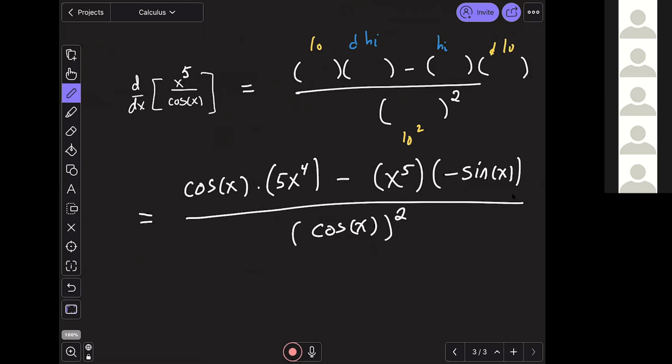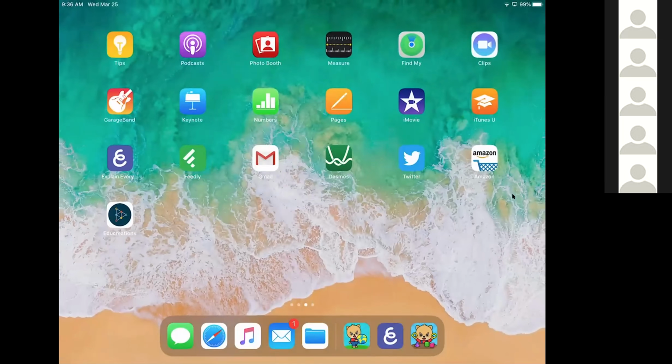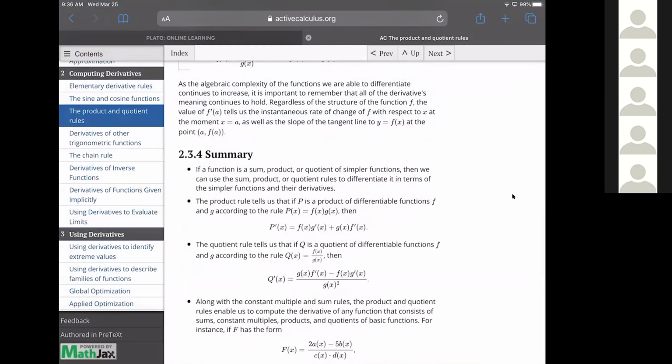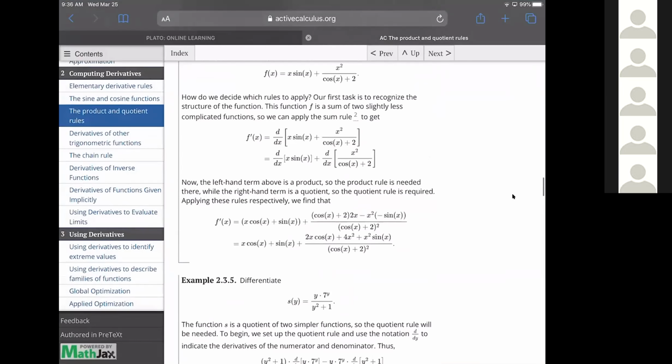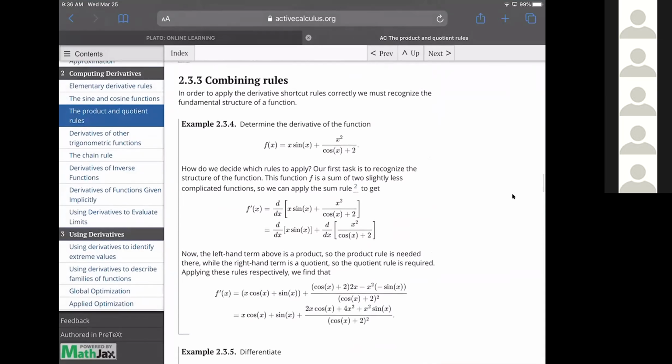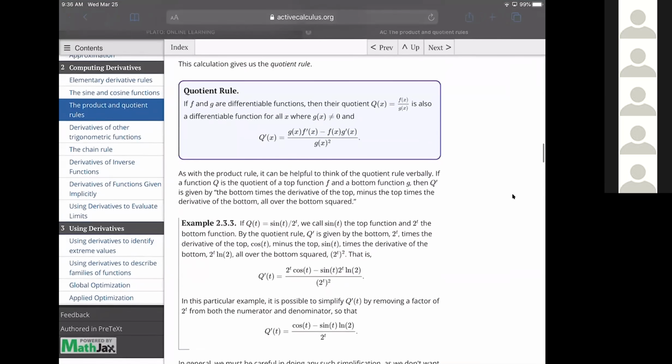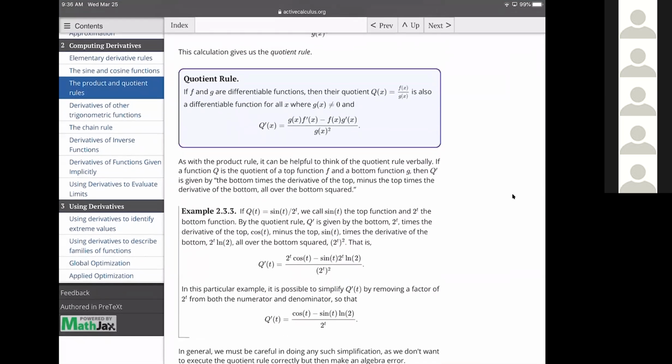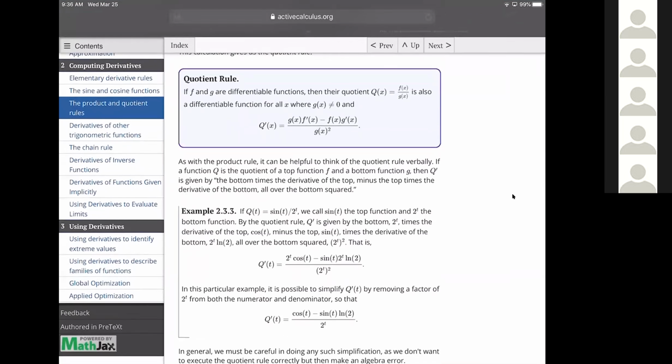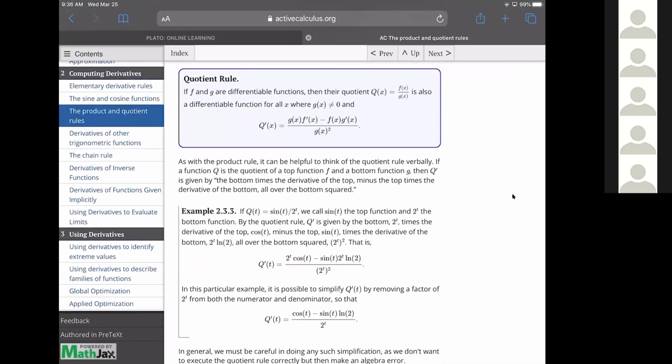Okay, so let's drop the Blackboard here, and then we're going to go back into our book. Is everybody aware how to get to the book? The webpage is activecalculus.org.